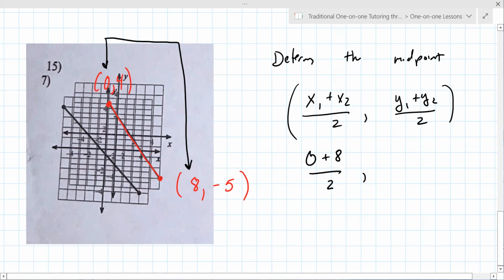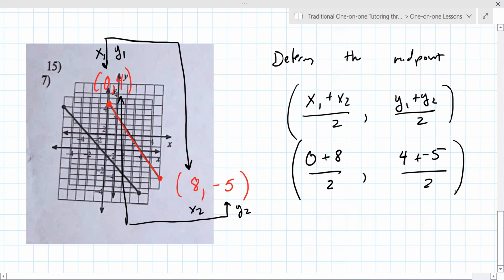And then what are the two Y values in this problem? -5 and 4. Now the order doesn't really matter, but it's good to stay consistent, like X1, Y1, X2, Y2.